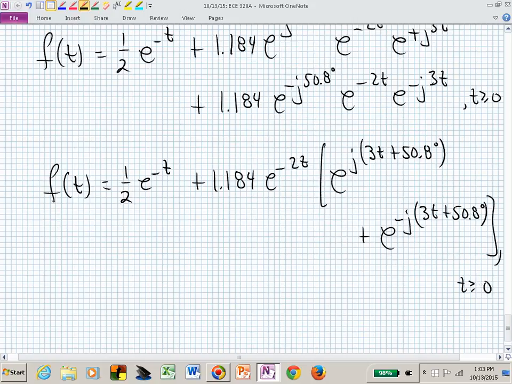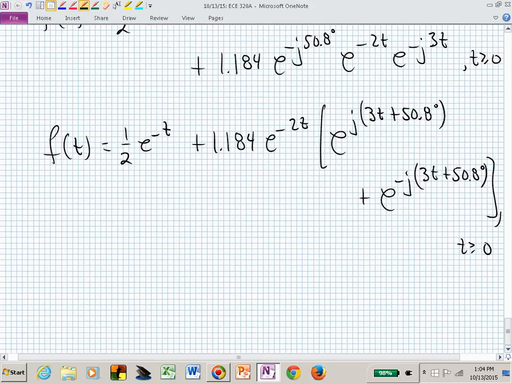And now you should just be getting excited. Your hand should just start writing now. Because what's in square brackets? Euler's sitting right there, just smiling at us. What's Euler tell us?